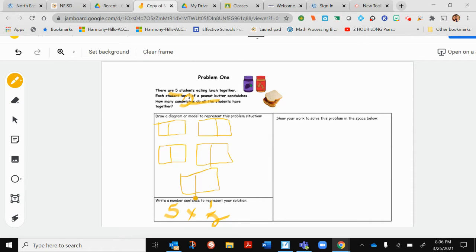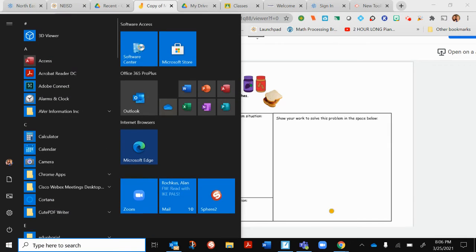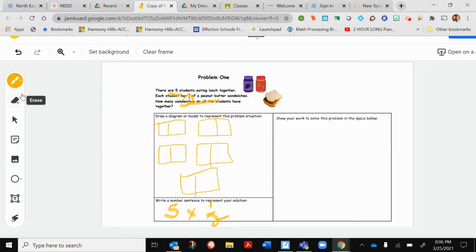My numerator tells me how many are going to be shaded. I'm going to go ahead and paint this, and I'll do the red.